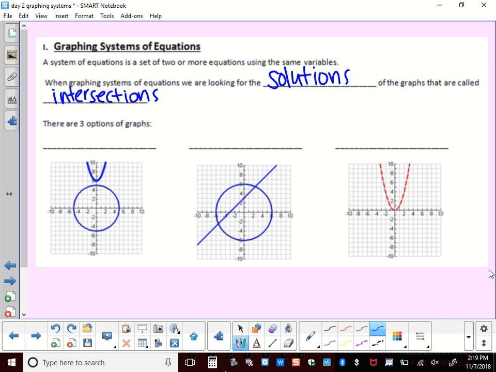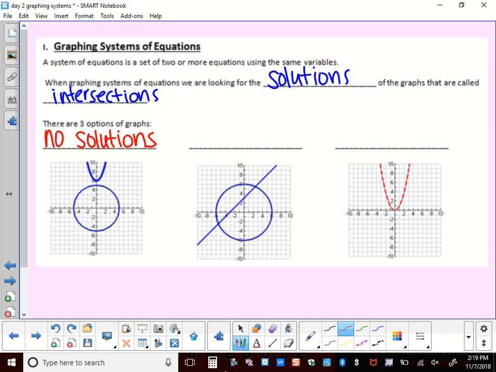There are 3 options of graphs. Your options are no solution, which means these 2 graphs aren't even touching. I have a parabola and I have a circle. Not touching, no solutions.